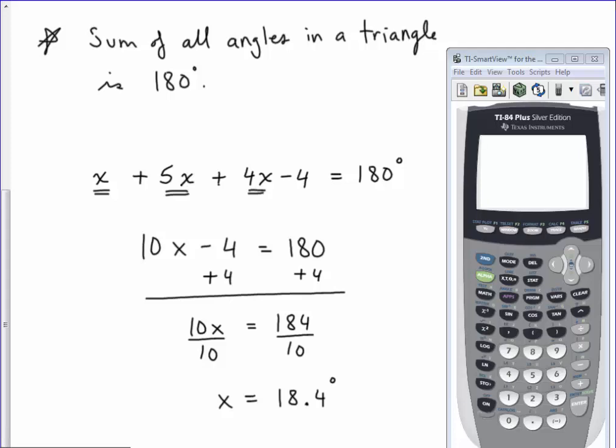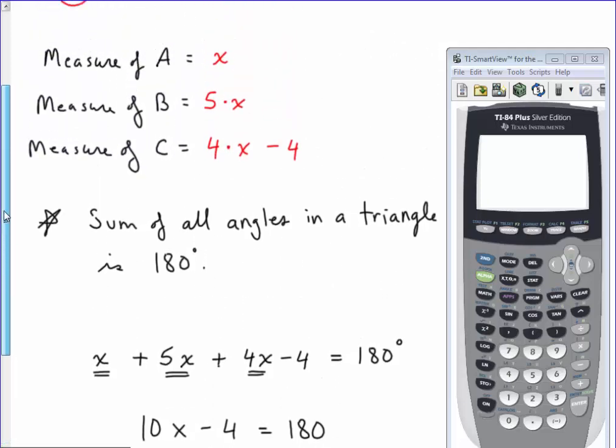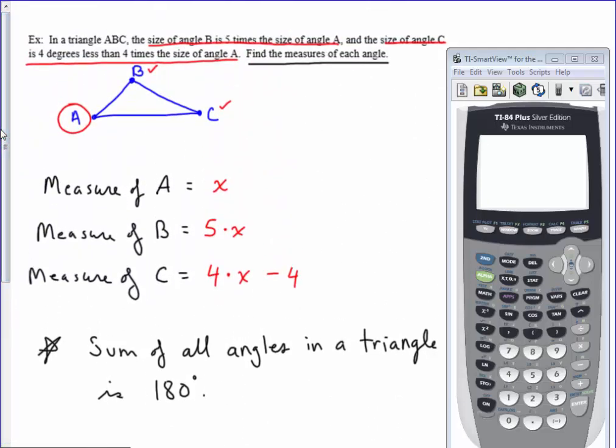Now, I'm going to scroll back up to make sure that I know how I need to answer my problem. The question asked, find the measures of each of the angles. So at this point, I know that the measure of angle A is 18.4 degrees. So I've got that one. To compute the others, we can simply do what our formulas say to do.